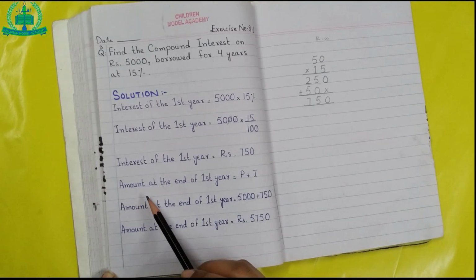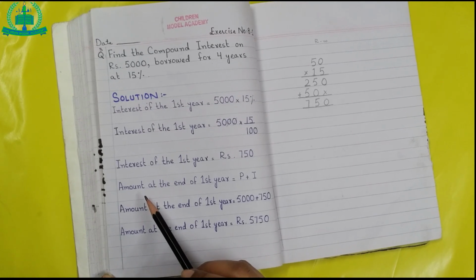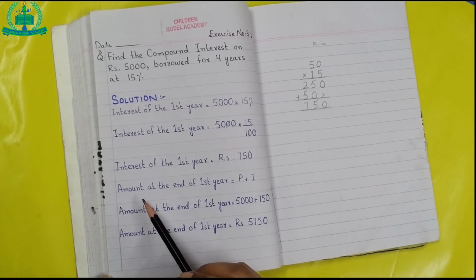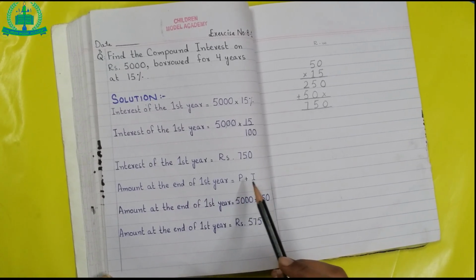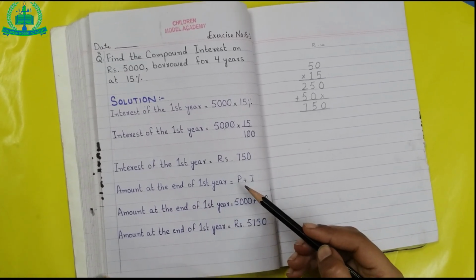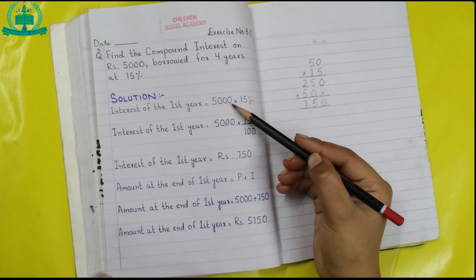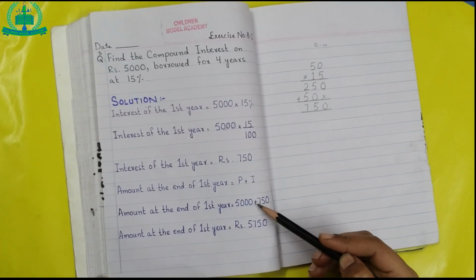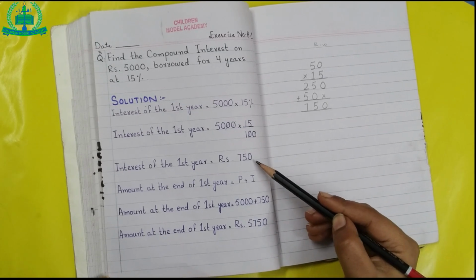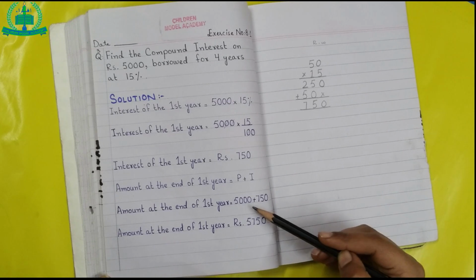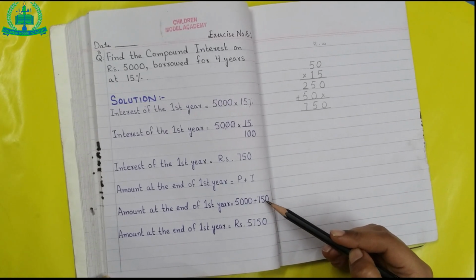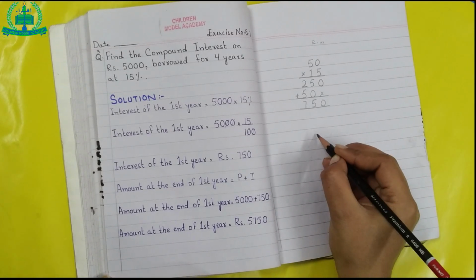Now we find amount at the end of first year. To find amount, we add principal to interest. Amount at the end of first year is equal to principal plus interest. Principal of the first year is rupees 5000. So we write 5000 plus interest of the first year is rupees 750. So we write 750. 5000 plus 750. Rough work.